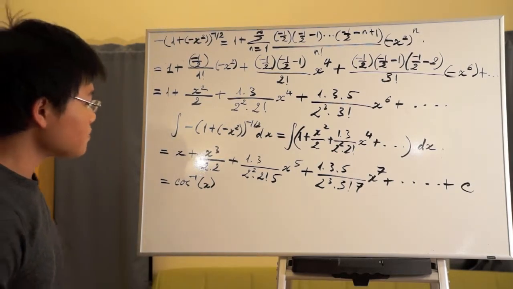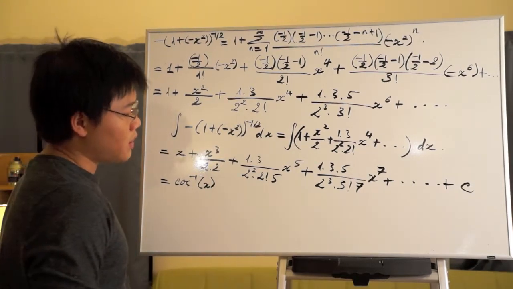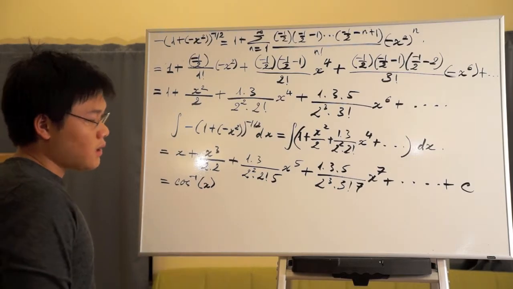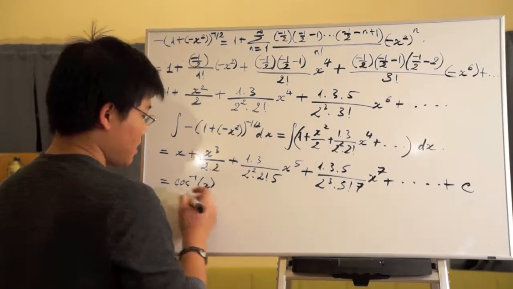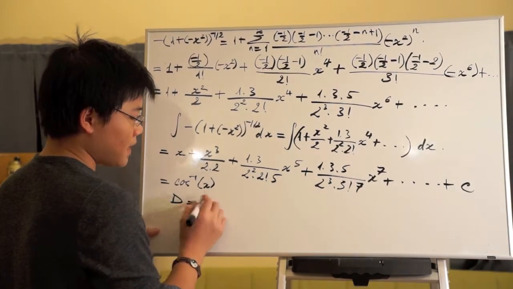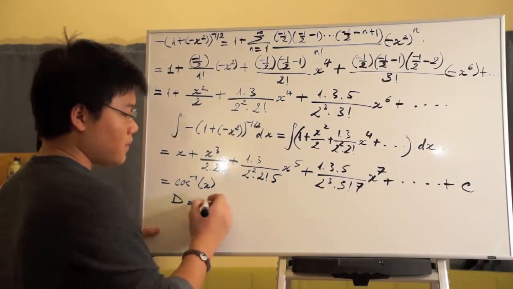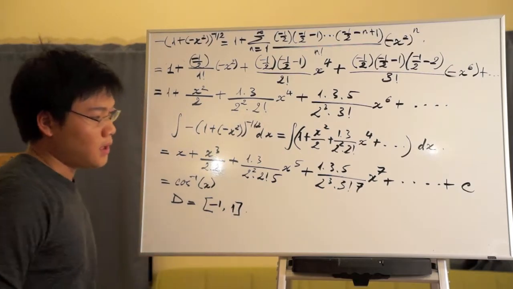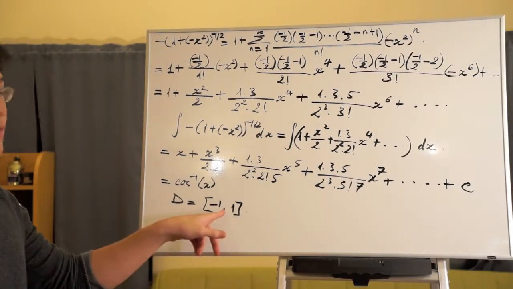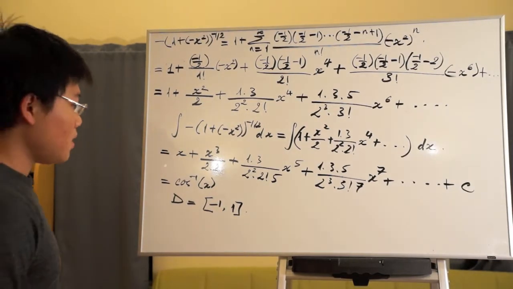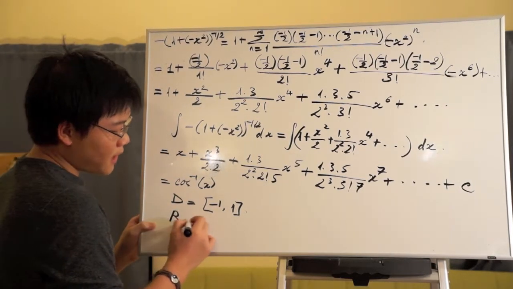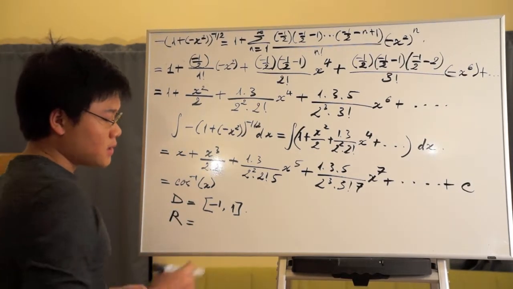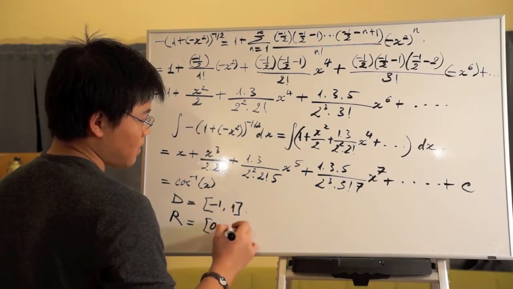Well, we know from trigonometry that the inverse cosine of x has a domain D, right? That D is between -1 and 1. Okay? All right. So this includes 0. Maybe you can probably write out the range as well. So the range is from 0 to pi.